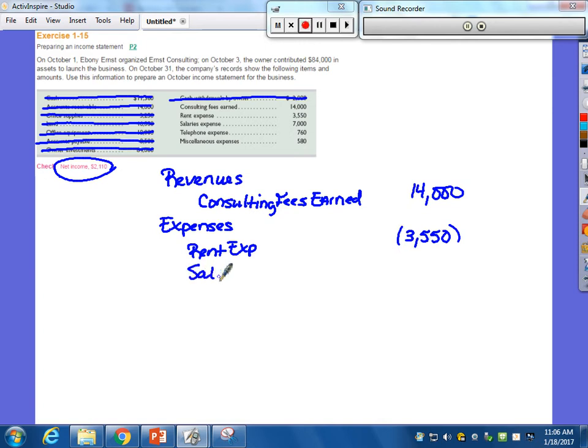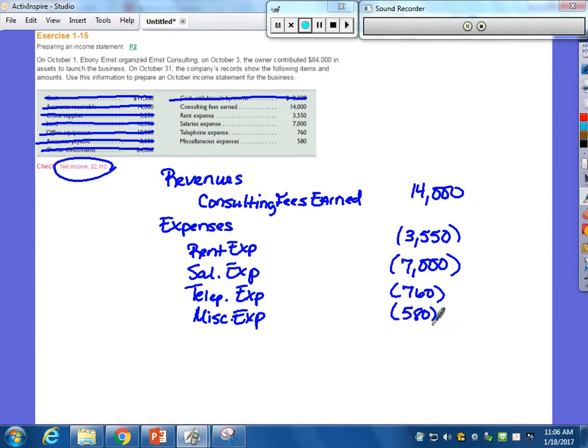Salaries expense, $7,000. Telephone expense, $760. Miscellaneous expense, $580. Check the math. Net income should be what?